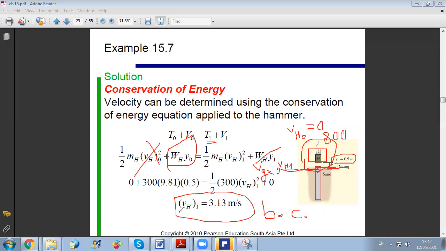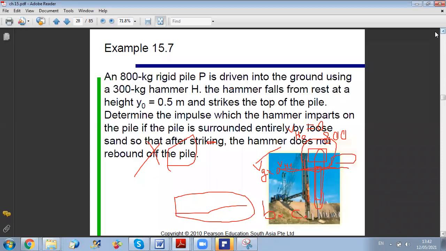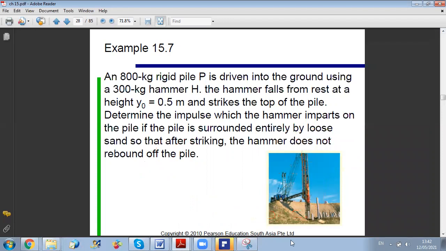Now once we know the velocity just before collision, we can take the system hammer plus pile. Okay. And as I told you, concerning sand, we have the pile surrounded by loose sand. Sand may create a friction force on the system, but it is a non-impulsive force. Okay, because it is negligible compared to the collision force.